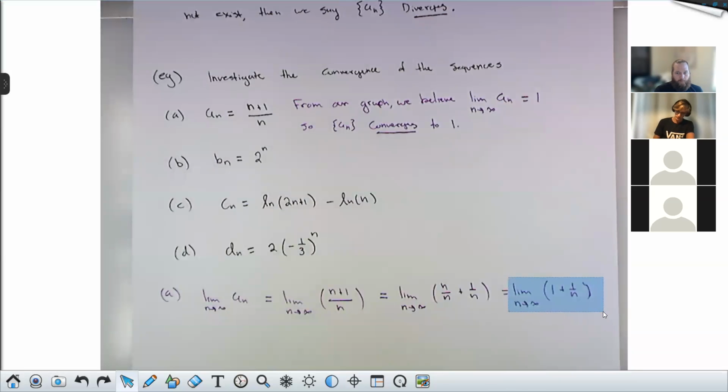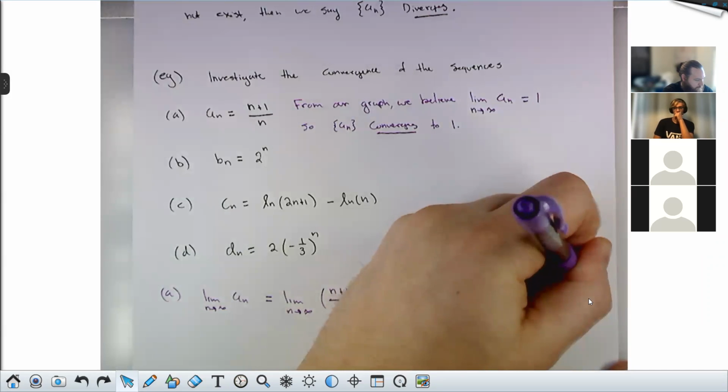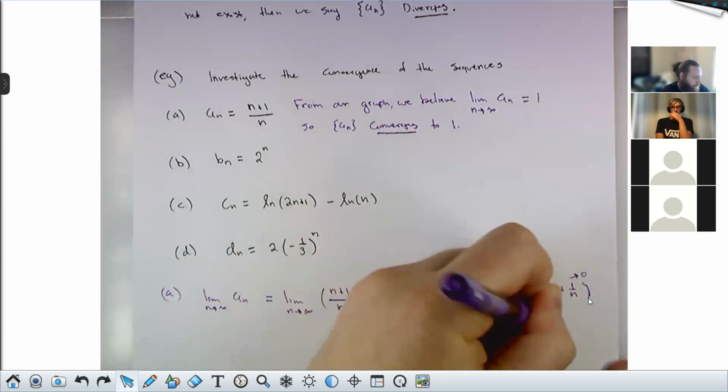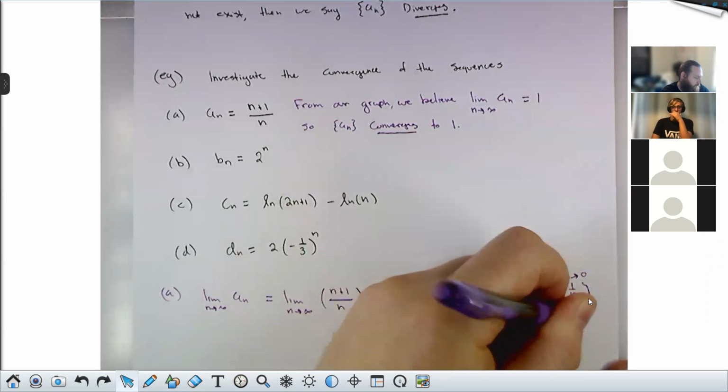We do have a theorem about that, which I'll share with you. We haven't discussed it yet, but as n goes to infinity, 1 over n will go to 0, right? It's 1 over infinity. As this bottom gets really, really big, 1 over that number gets really, really small. So this piece goes to 0, and we get out from this just 1 plus 0, which is indeed 1.